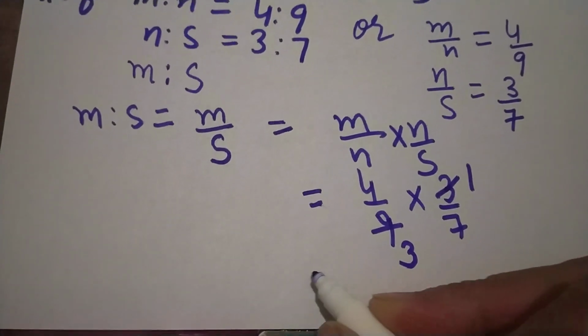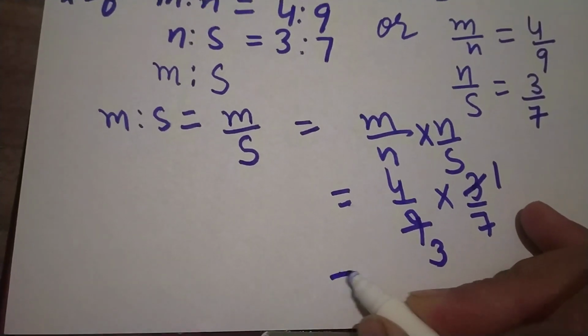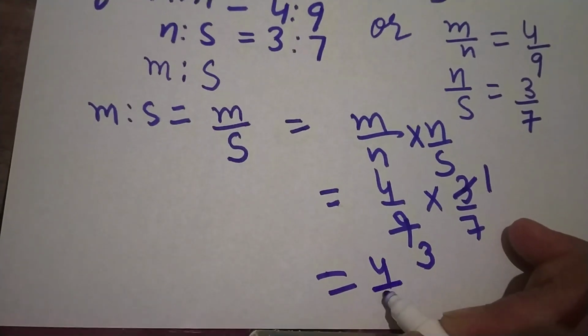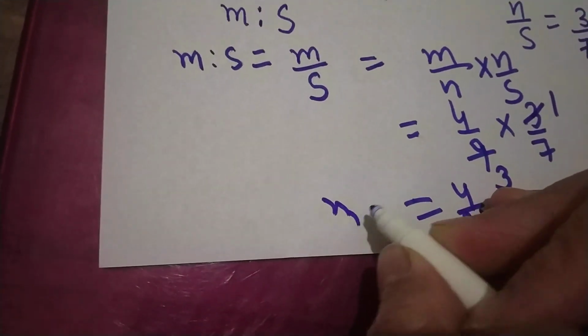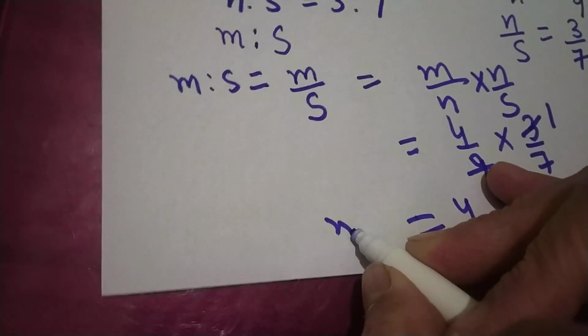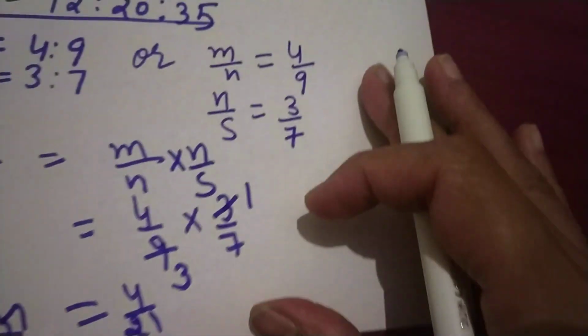So we got 4 upon 21. M upon S is equal to 4 upon 21.